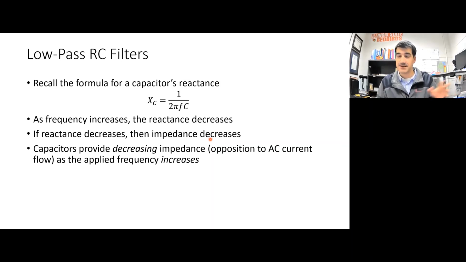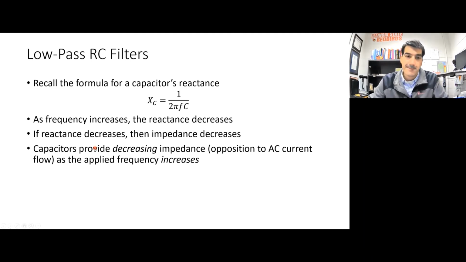We said that last time, just refreshing your memory here. If there's no resistance in the circuit, then the reactance equals the impedance. They're the same thing if there's no resistance, okay? Impedance is the AC version of resistance. So impedance is the opposition to AC current flow.